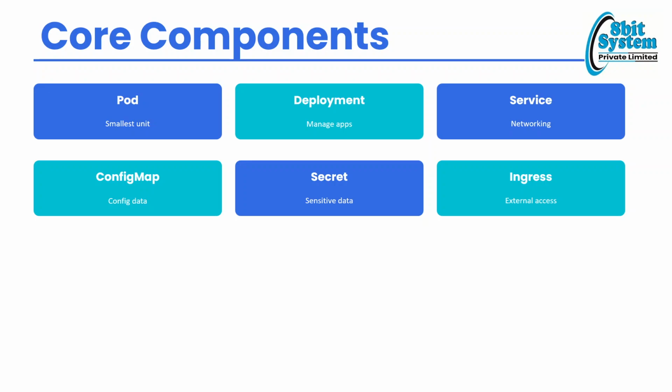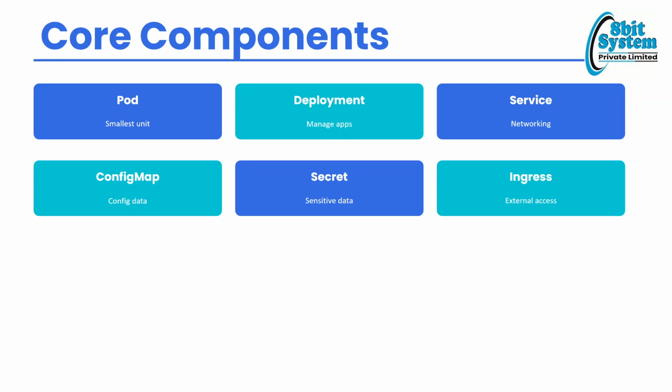Core components of Kubernetes. These are the fundamental Kubernetes objects. A Pod is the smallest unit, usually one container. Deployments manage the application's lifecycle. Services provide networking and load balancing. ConfigMaps store configuration data. Secrets store sensitive data like passwords.